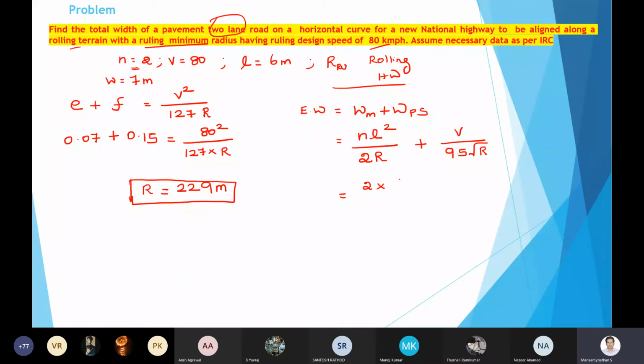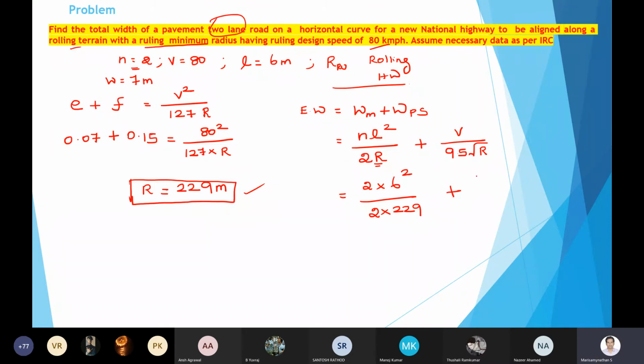L is not given in the problem, but previously I told we have to assume 6. So 6 squared divided by 2 into R, where the ruling minimum radius we estimated is 229 meter.